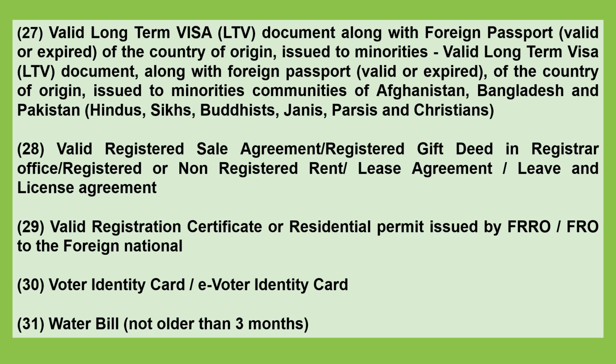Valid registered sale agreement or registered gift deed in registrar office, registered or non-registered rent, lease agreement, leave and license agreement, valid registration certificate or residential permit issued by FRRO or FRO to the foreign national, voter identity card or e-voter identity card, water bill not older than 3 months.